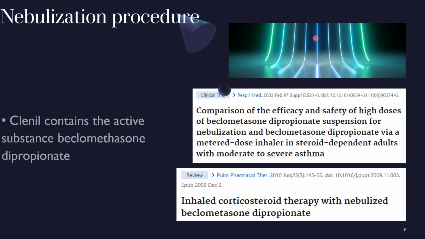The studies only show Clenil beclomethasone effectiveness in children less than 5 years of age. So in children less than 5 years of age, you can use primarily the Clenil nebulizer instead of Ventolin and Atrovent, in those children with acute bronchospasm less than 5 years of age.